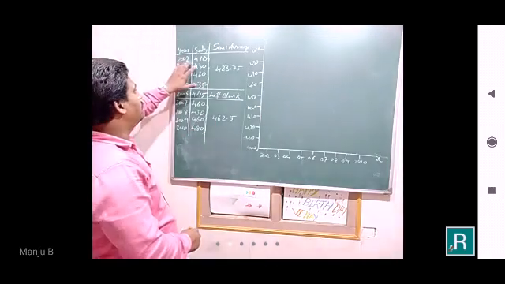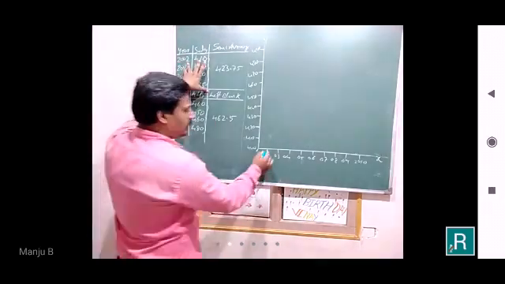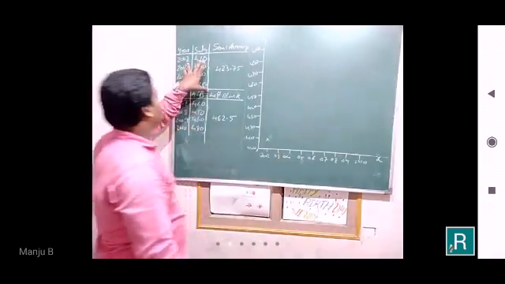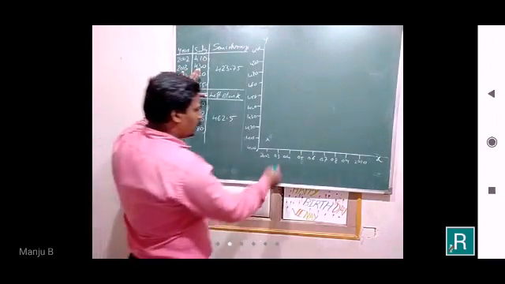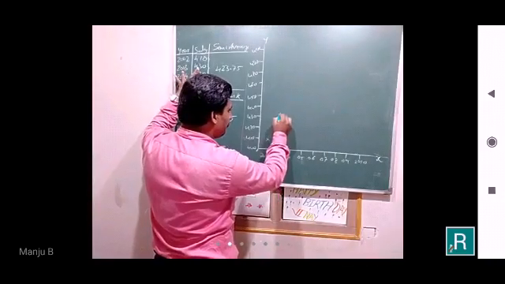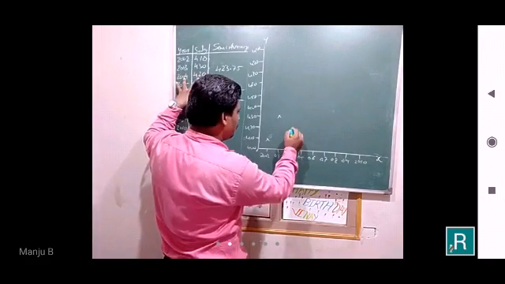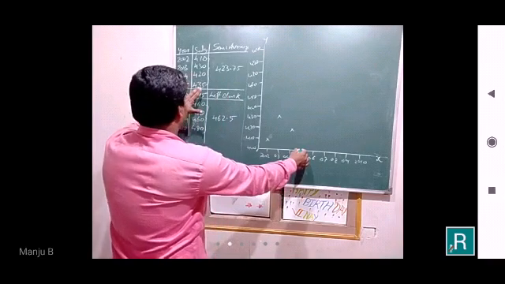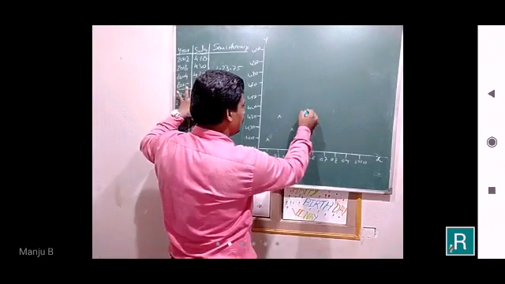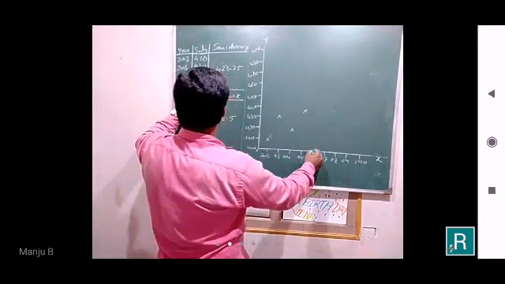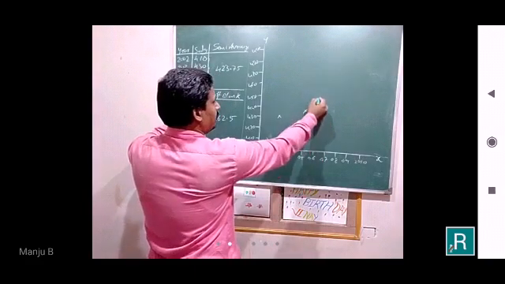For the year 2002, 410. Next for 2003, 430. Next for 2004, 420. Next for 2005, 435. Next for 2006, 445.